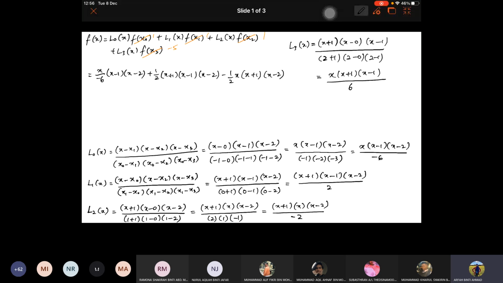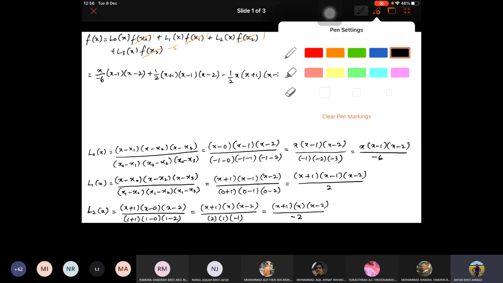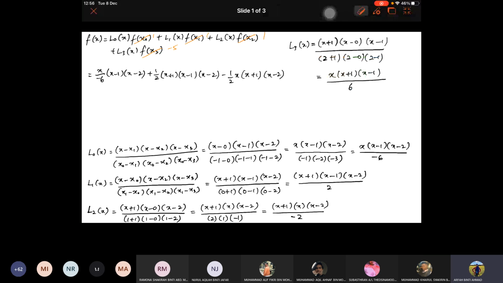Okay. Then untuk L3x, dia jadi negatif 5 per 6, x, x tambah 1, x tolak 1. So ini equation untuk Lagrange.